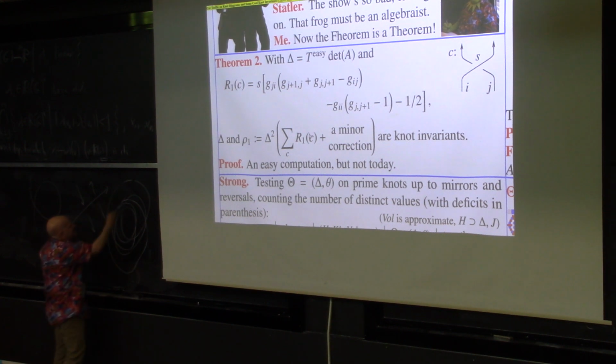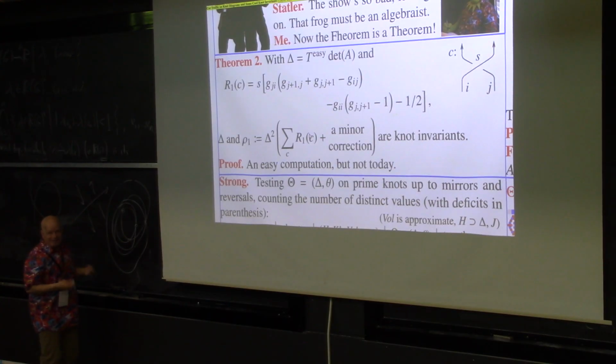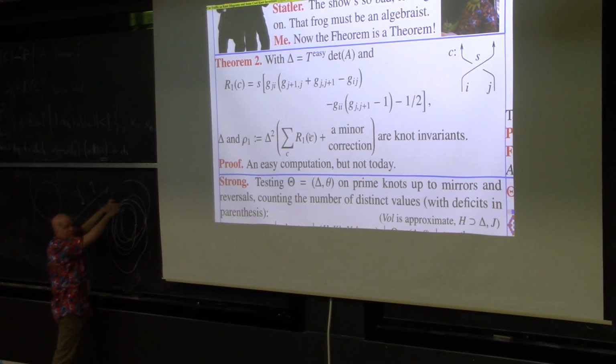Basically, you sum over crossings, and the summand is some combination of traffic functions that begin and end near that crossing. So now suppose I do a Reidemeister move here, it's not going to change the summand coming from this crossing. And that's because of the first theorem.